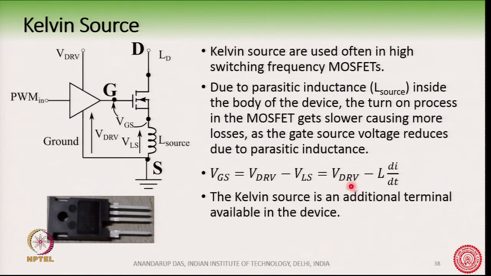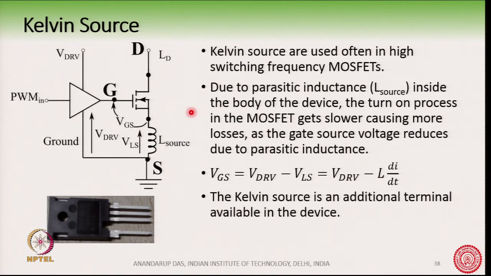So, this is equal to V drive minus L di/dt, and so when the current is rising through this MOSFET, this value will cause VGS to fall, okay, when the current is rising. That is what is happening during turn on. So, this VGS actual voltage which is available across the gate source terminal of the MOSFET is lower than the VDRV or 15 volt.